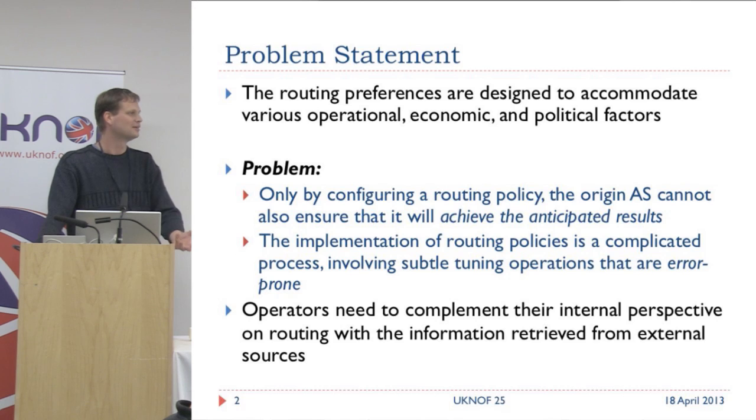RIPE and RouteViews have done an incredible job of providing those sources. What we have been doing is looking into understanding more the policies going on in the internet, what you can see from those public sources. That was our main motivation.